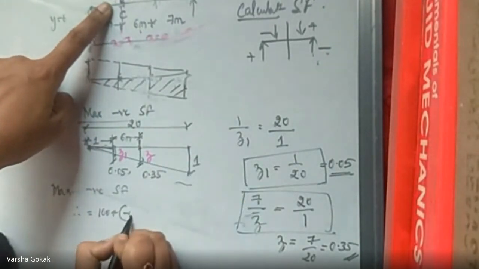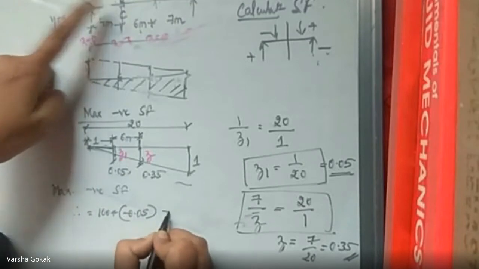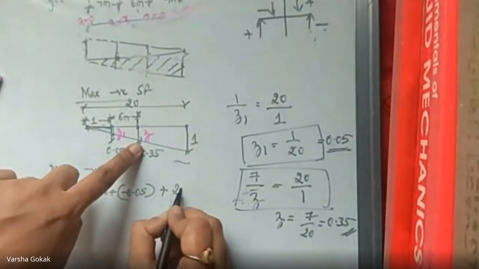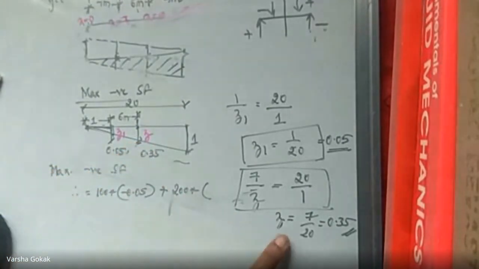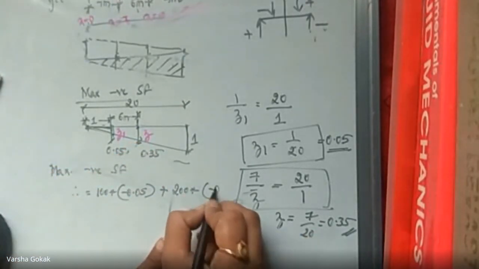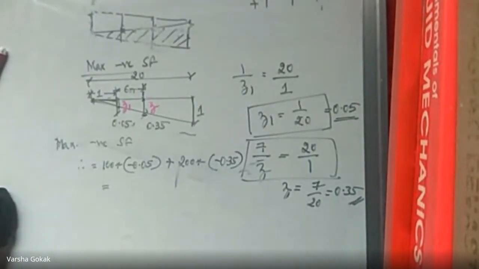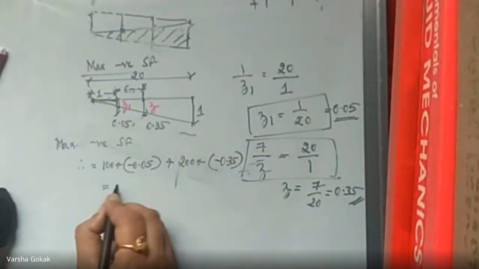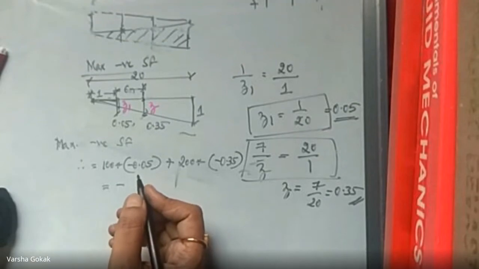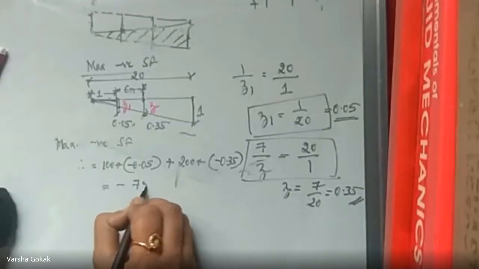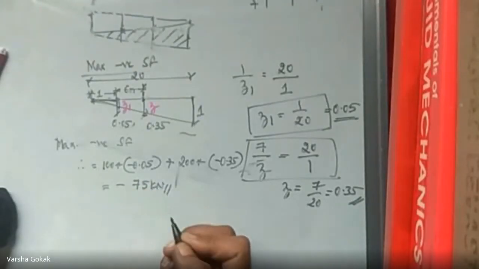Z1 is minus 0.05, plus the load at this Z value is 200 and the ordinate of Z is minus 0.35. What is this value? Both are with negative signs, so you get a negative answer. Minus 75. You're getting minus 75 kilonewtons.